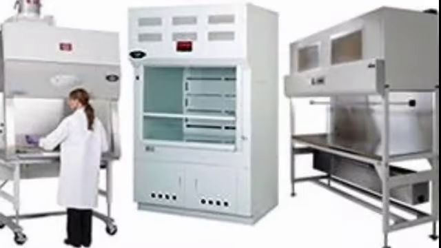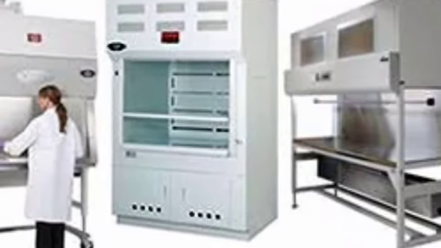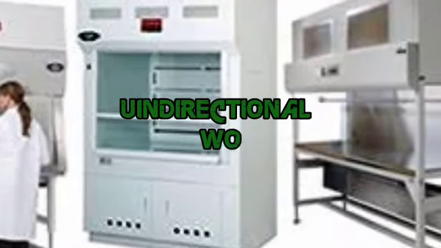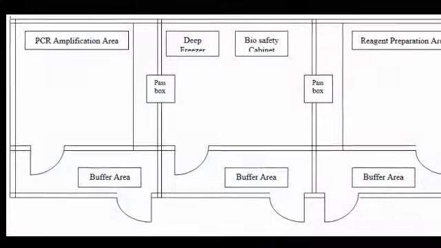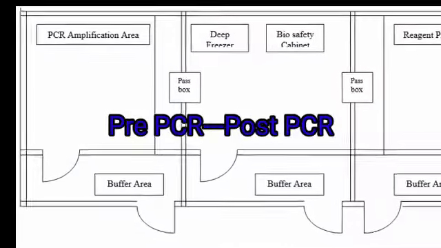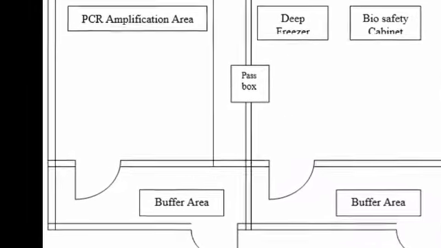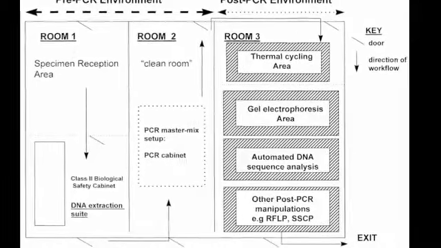Organization of workspace and equipment. Workspace should be organized to ensure that the flow of work occurs in one direction, from clean areas, that is pre-PCR, to dirty areas, that is post-PCR. We will see the precautions which will help to reduce the chance of contamination.